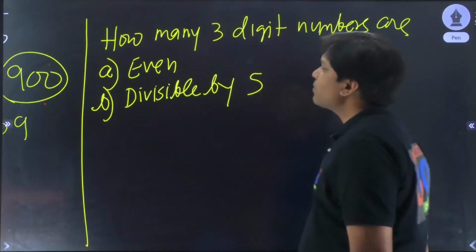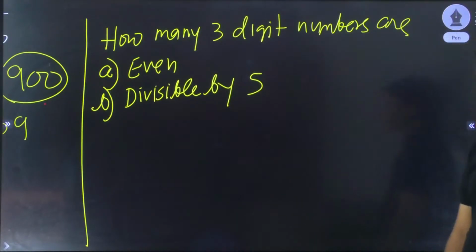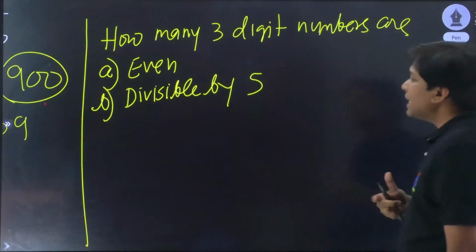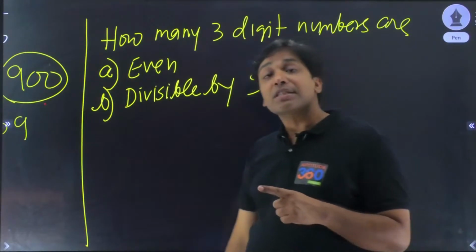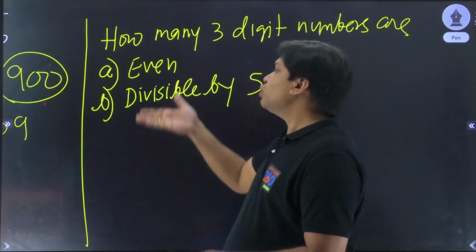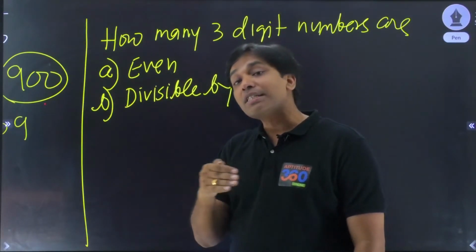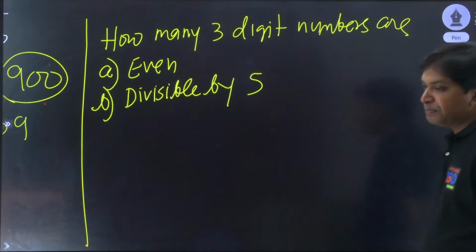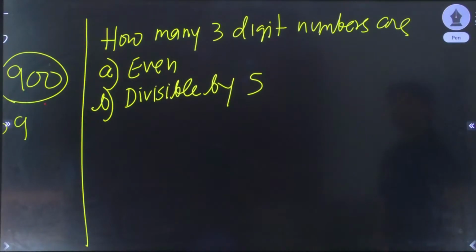What do you think is the answer, people? What is the problem? How many 3-digit numbers are even, and how many 3-digit numbers are divisible by 5? Or you might have said, how many 3-digit numbers are divisible by 2? Is it not? What is the answer, people?